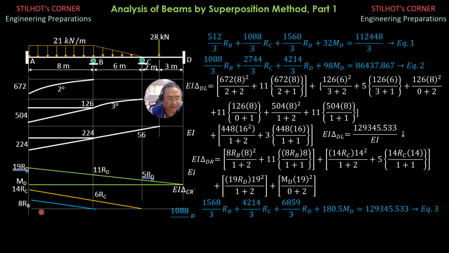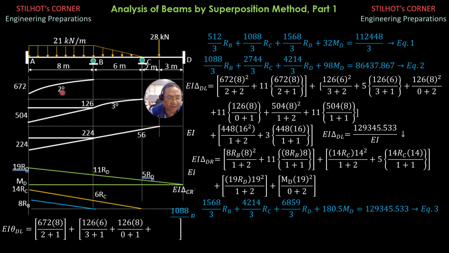So for the first, 8 RB, length 8 over 1 plus 1. So due to the load, 672, 8 over 2 second degree plus 1. And due to this loading, moment diagram 126, length 6 over degree 3 plus 1.